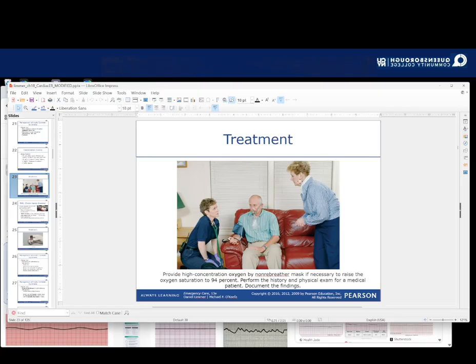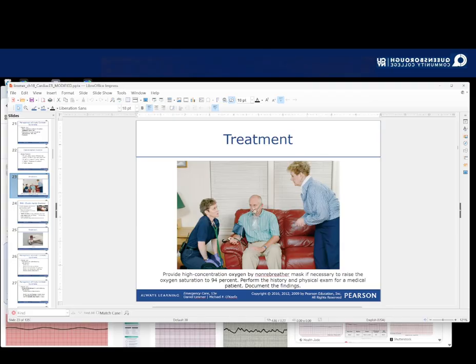Even though this EMT is communicating with the family member, they're not talking about the patient as if the patient is not there. So the EMT is maintaining a level of respect, addressing the patient while receiving information from the family member.